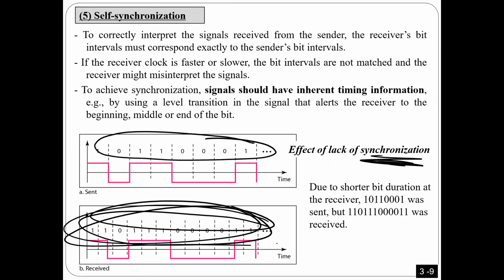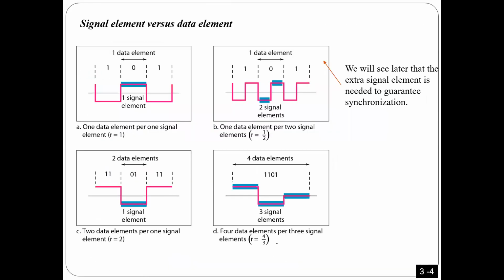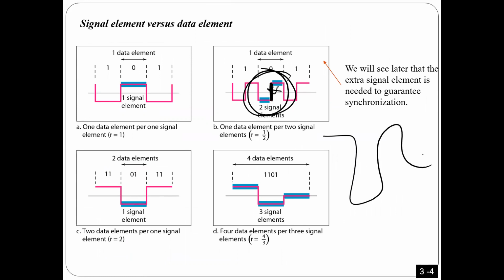If you lose synchronization, you're going to resynchronize. How can we do that? Very simple. For example, here, you can do something like that, so that if you lose synchronization, you can use this edge, the transition. Every time there is a transition, you are going to tell the other side, if you didn't do the transition here, you have to shift it here.